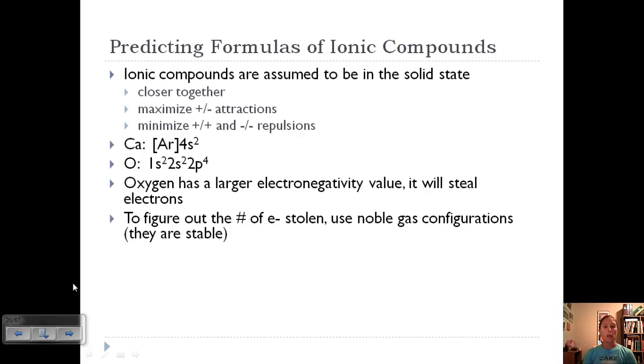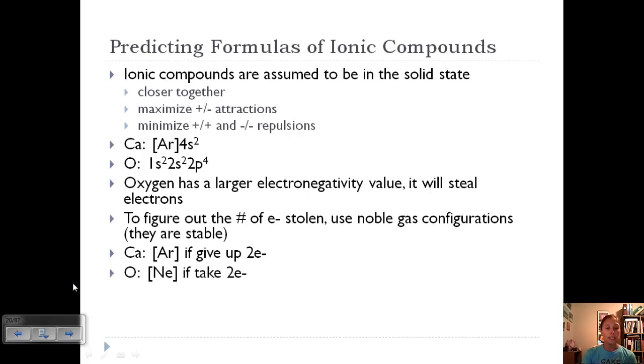To figure out how many electrons are going to be stolen, we use noble gas configurations, because that's the stable configuration. Calcium wants to be similar in electron configuration to argon. It doesn't become argon, its electron configuration is similar. If it gives up 2 electrons, it will achieve argon's electron configuration.